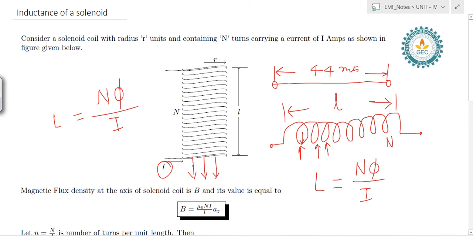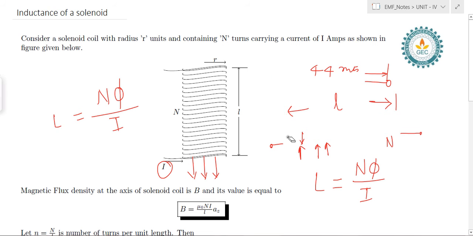So we need to find out the value of phi. If we can find out the value of phi, then our job is very easy. We can find out the inductance of a solenoid.